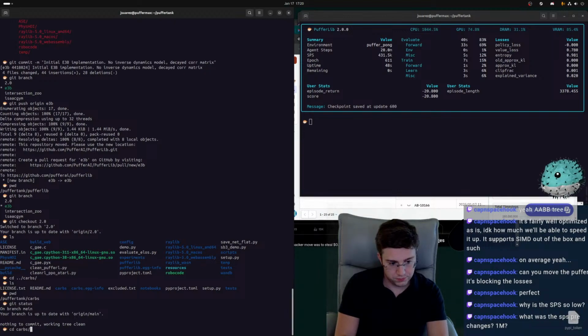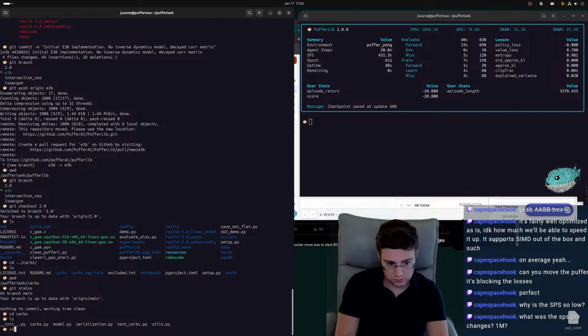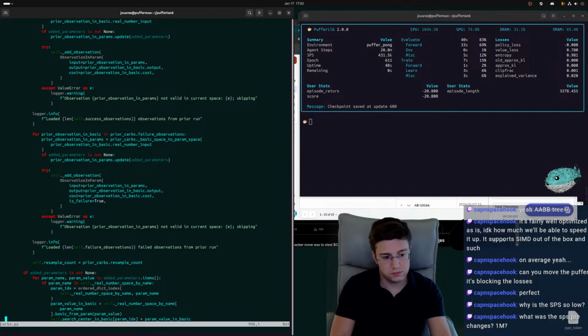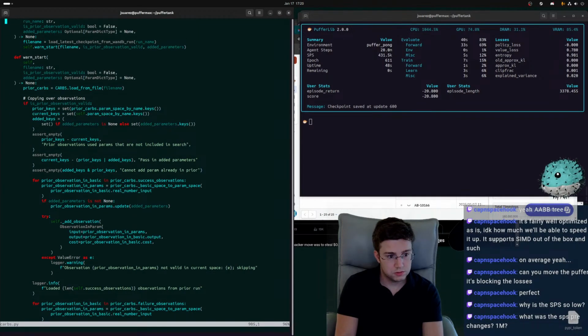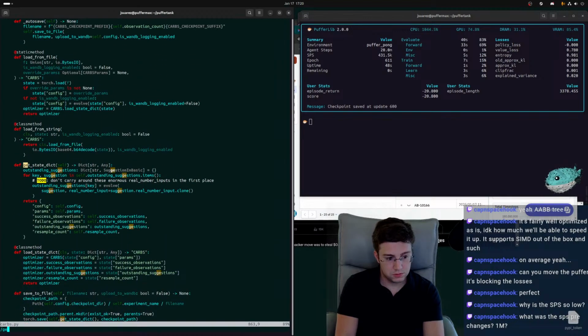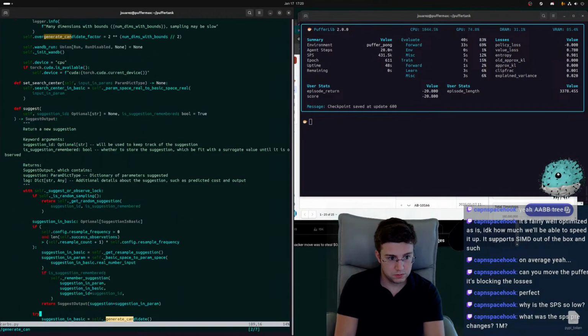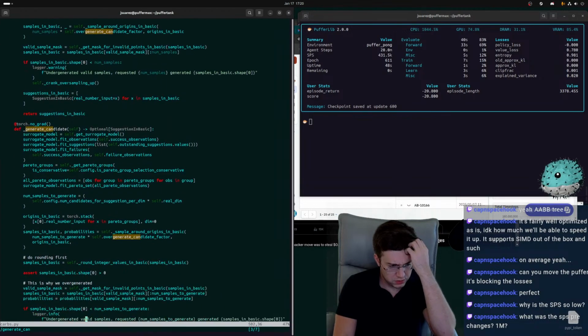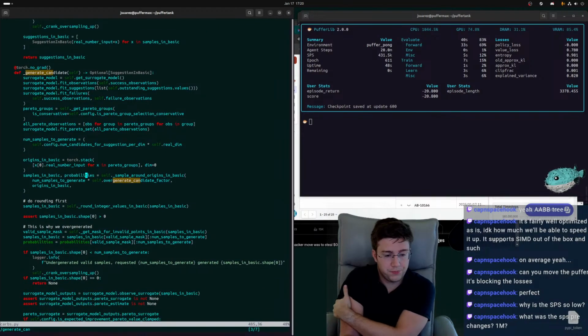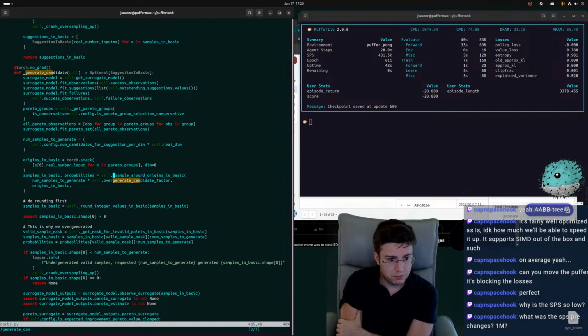CARBS. This is the generate candidate function. Sample around origins in basic. We get all Pareto obs.